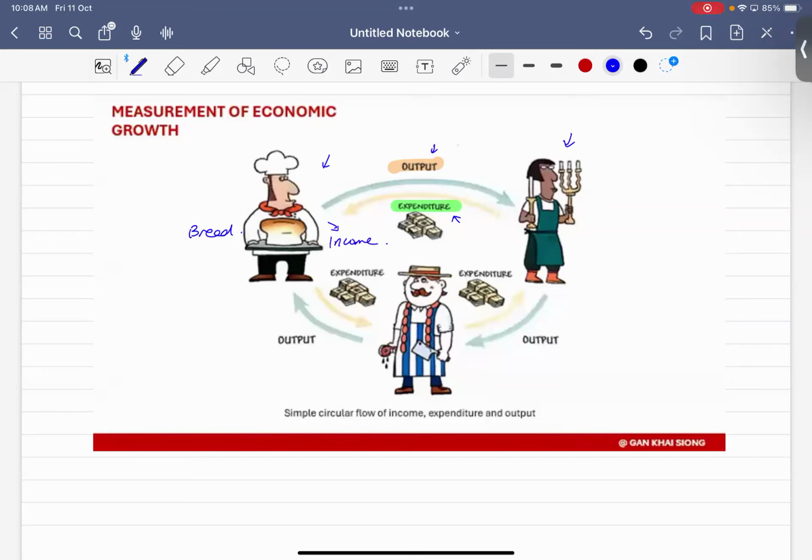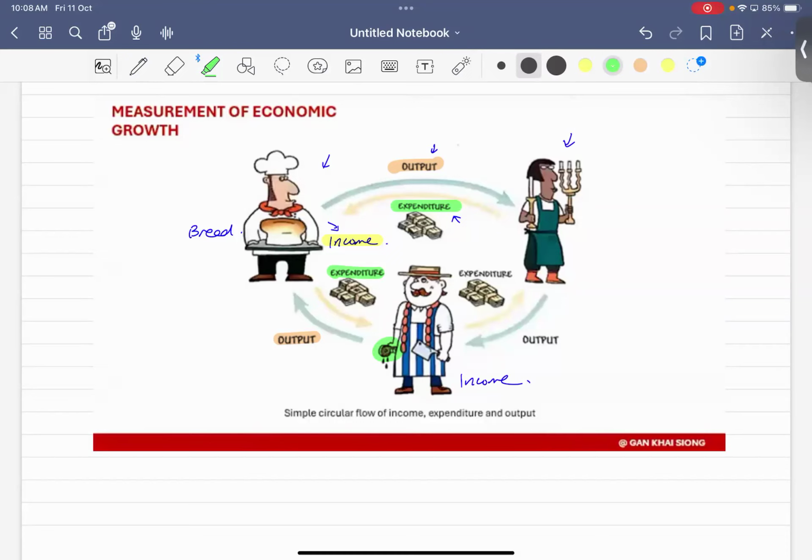Now he has money already. Let's say he would like to buy meat from this person. This guy will sell the output, the meat, to the baker, and the baker will use the money to pay for the meat. So now this guy gets the income because he sold off the meat and got the money.